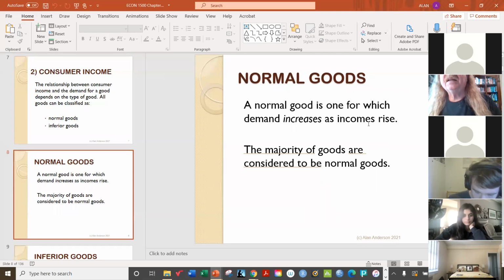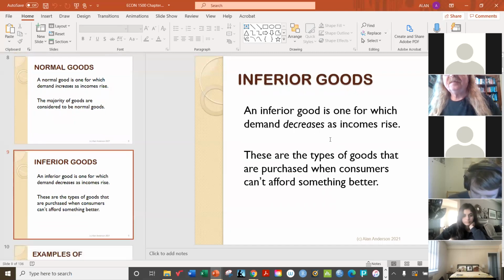These are goods where we buy less when our incomes go up. Now, what kind of products could these possibly be? These are goods that people only buy when they can't afford something better. So to me, a good example of this is if you drive a car, you pull up into a gas station, do they just have one type of gas there?